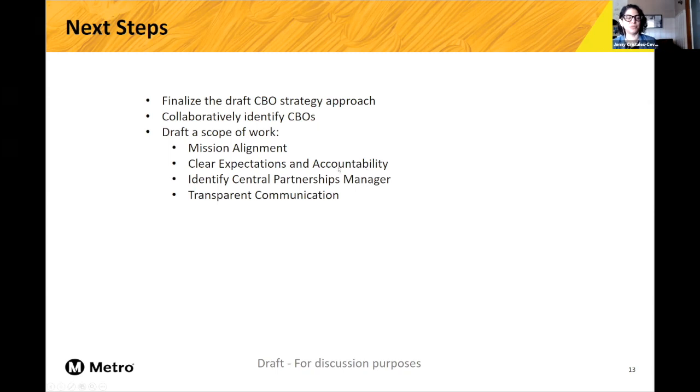So the next steps would be that we're collaboratively identifying CBOs with our community relations team, our race and equity team, and also working with the board supervisors and other key stakeholders, because we want to make sure that we have all the different voices along the corridor, and then also potentially see how we can focus in the East LA community as well, and try to bring a level of equity to the partnership and the roundtable.